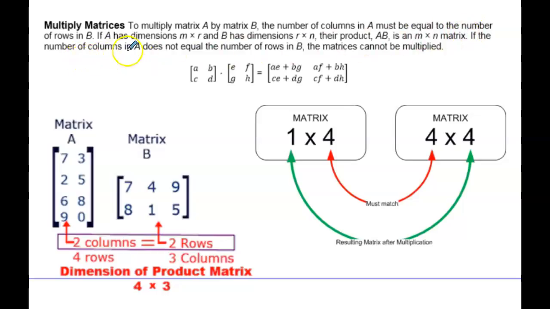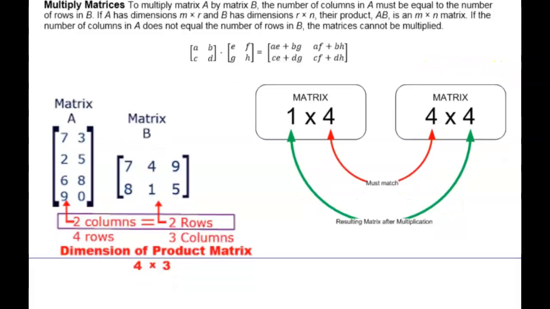If the number of columns in matrix A does not equal the number of rows in matrix B, the matrices cannot be multiplied. That was very clear, right? You understood all of that.